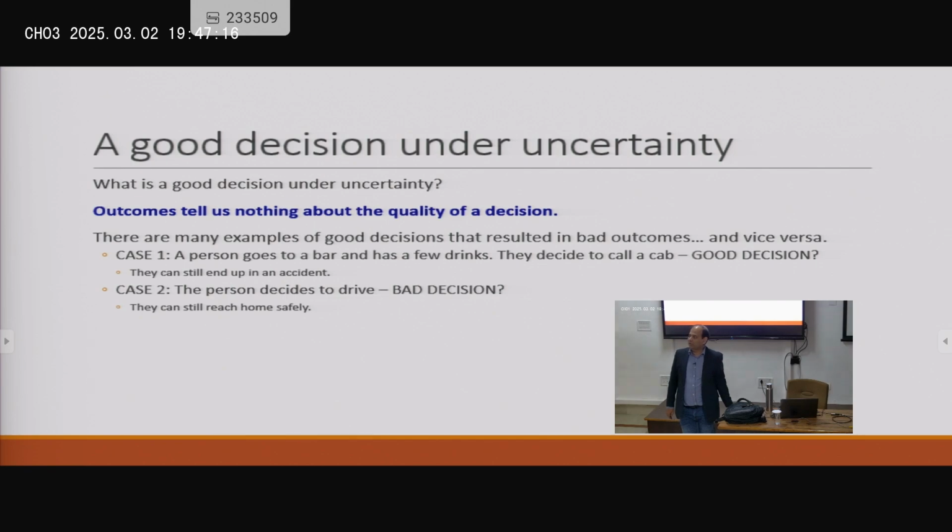Yes. Every day, many people unfortunately drive drunk, and then they're able to reach home safely. So is that a good decision? They might be reaching home safely, but on board they must have someone else. Not necessarily. But the whole idea is that we have to separate ourselves from this understanding that outcomes, in both cases, outcomes didn't tell us anything. It was a bad decision when it was made.